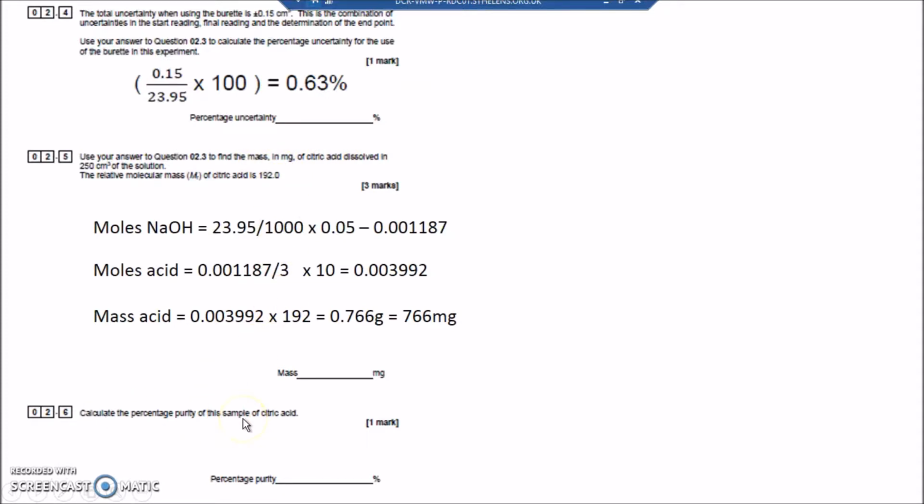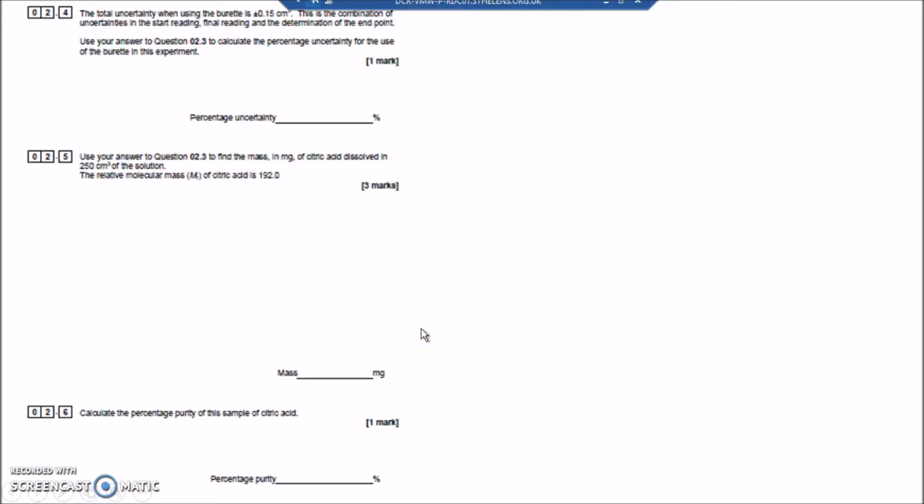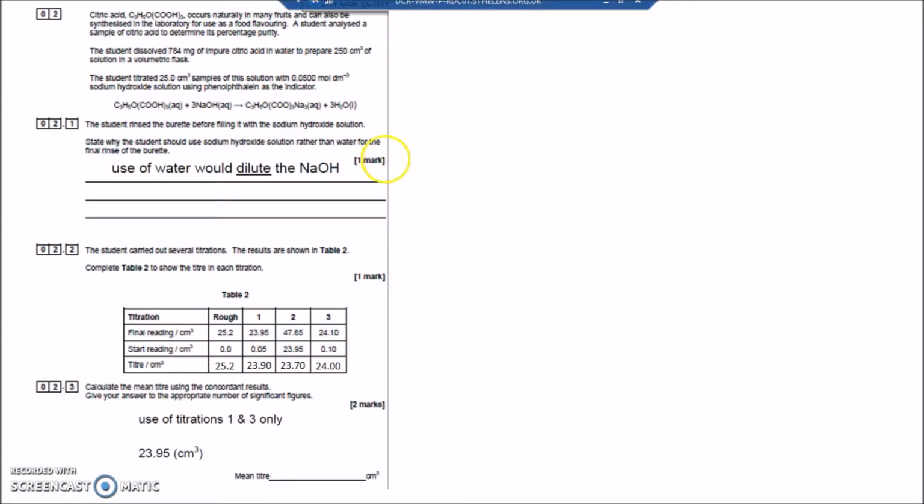Calculate the percentage purity of the sample of the acid. So this is how much I got. 784 milligrams of impure citric acid were put in there.